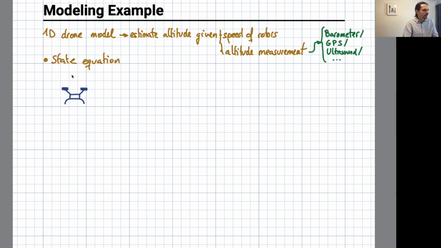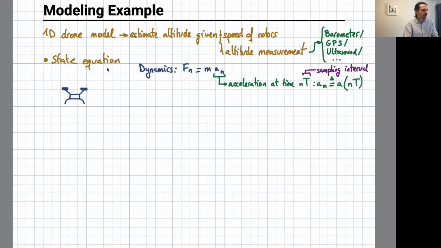So let's try to come up with a state equation. What we need to see here is that the altitude of the drone is governed by the laws of physics, more specifically by the laws of dynamics.